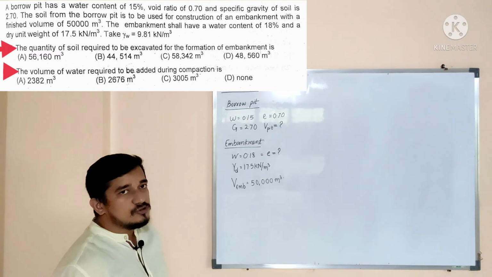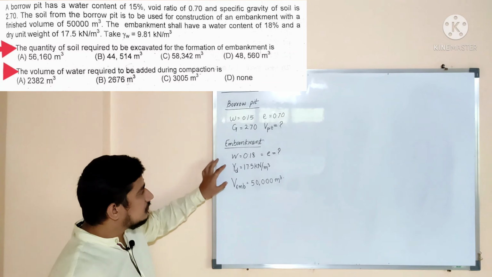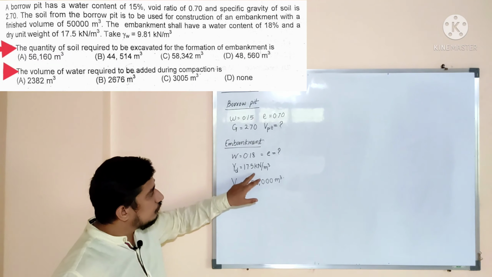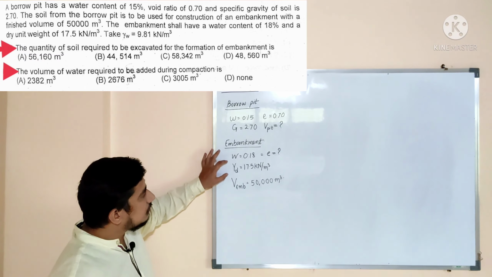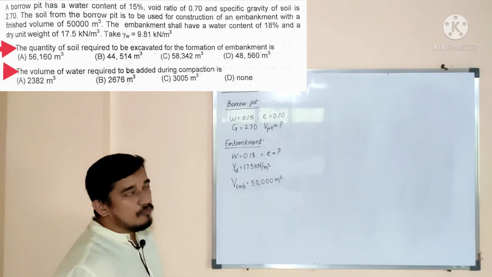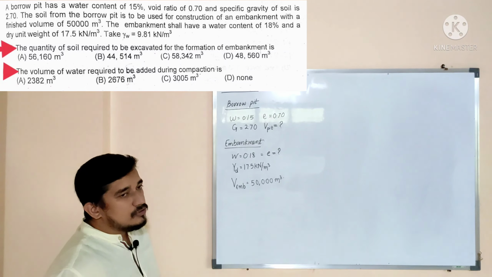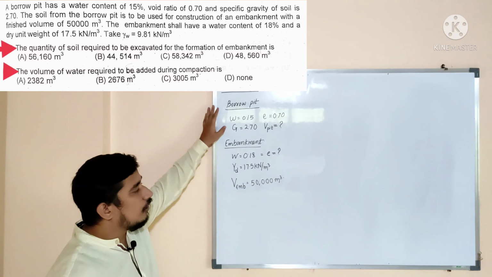So how much soil is needed from this borrow pit to have this degree of compaction, that is gamma d equal to 17.5 kilonewton per meter cube. To have this kind of compaction, how much water we need to add to that soil, that we have to find out.